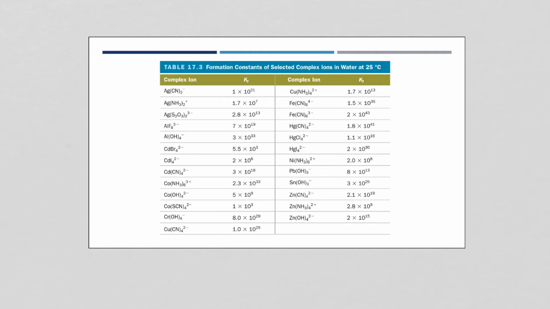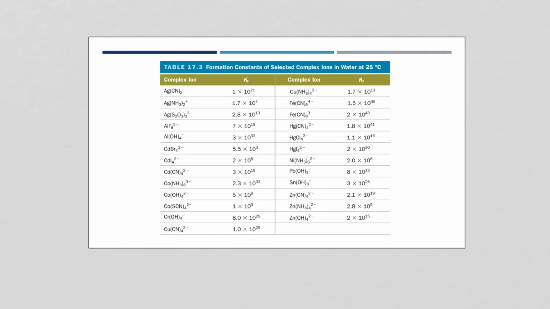Those all were quite small numbers. Notice here, all of these formation constants that we're showing are very large numbers, much, much bigger than 1, indicating that the formation of these complexes is very favored. These are very product-favored equilibriums.